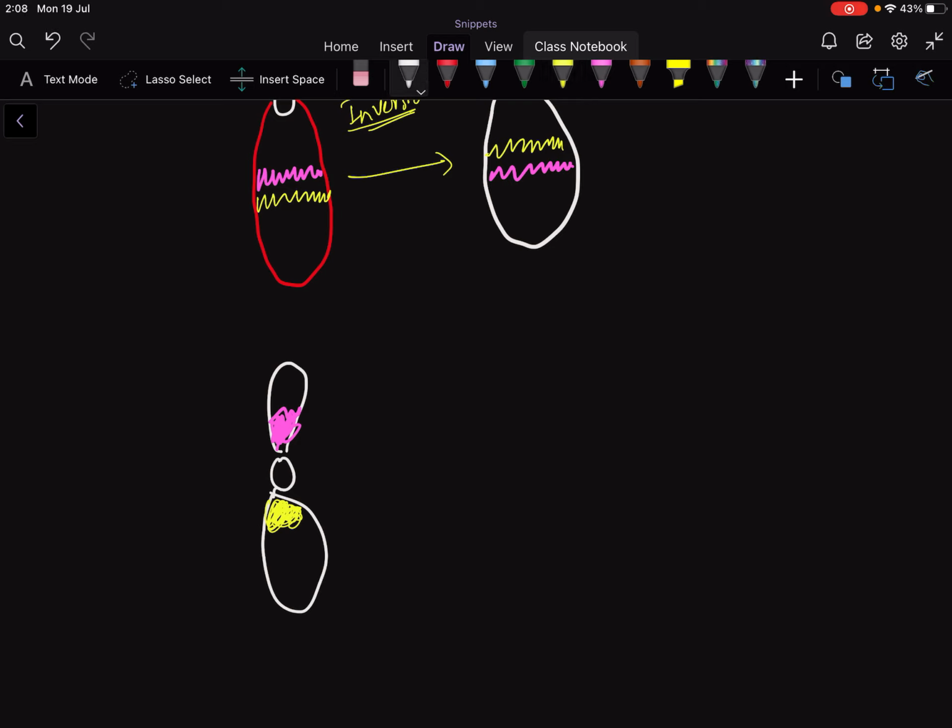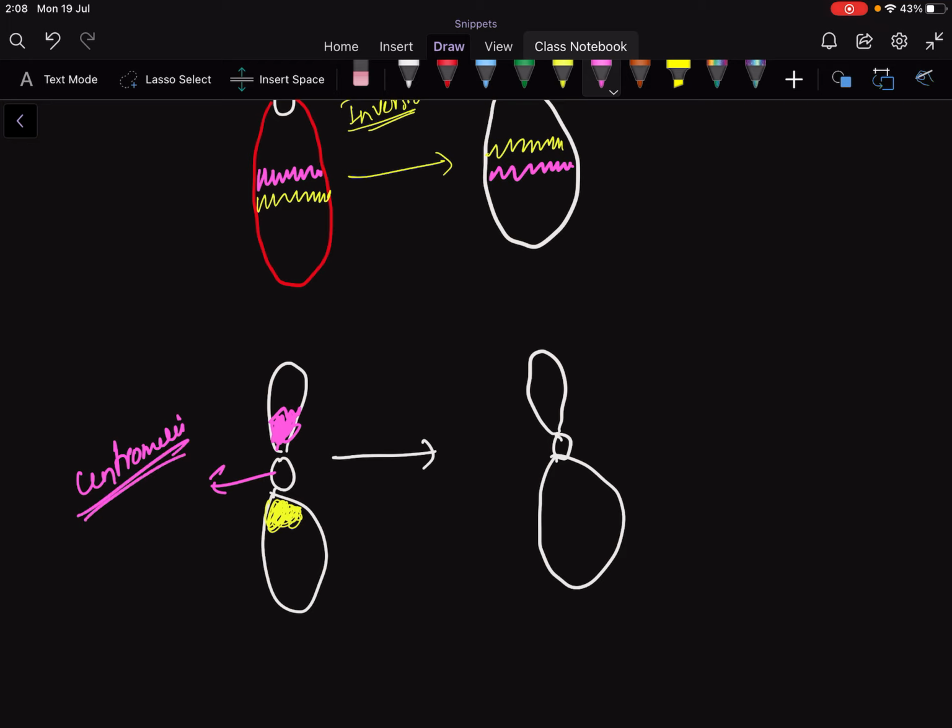Here is the same chromosome with exchange of material, but in this case these are called the centromeres. The central thing is called the centromere. So normally here there is yellow, and here is the pink.